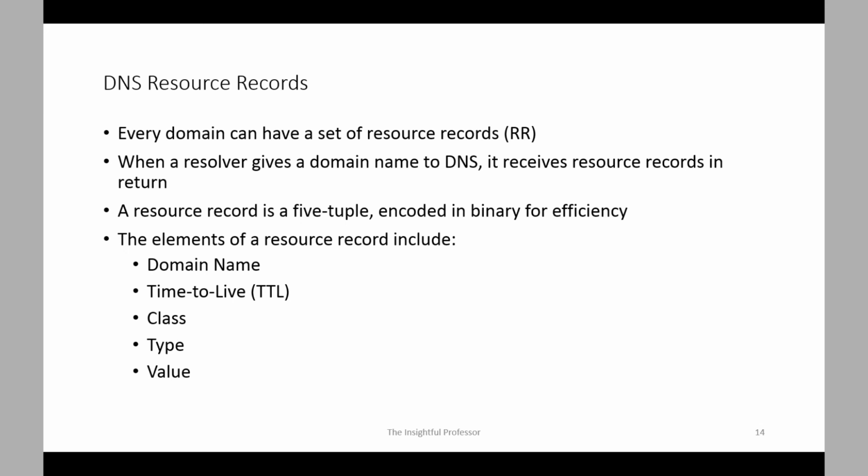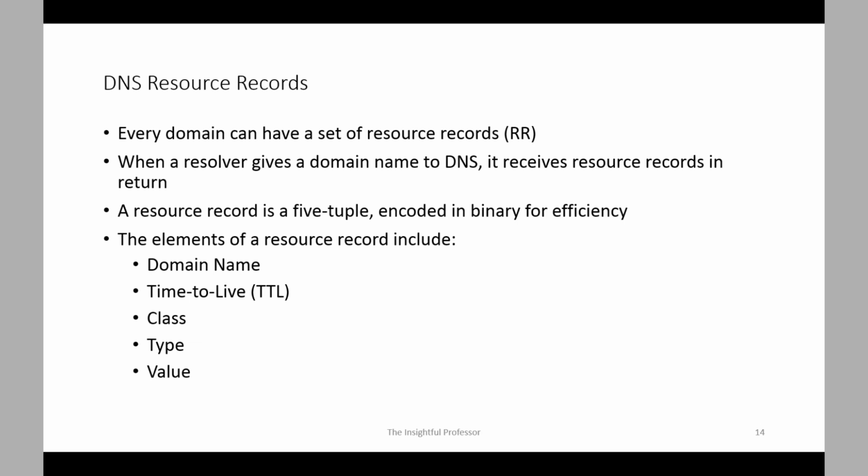And these would include such things as the host name to IP address mapping, but they include other things as well. So each DNS reply that comes back is actually going to be carrying one or more resource records. So let's take a look at what would be in these records.